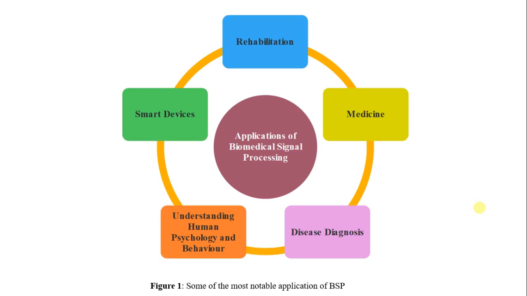If you want to control any assistive device, those classified signals will be used to control the devices. If you are going for disease diagnosis, then you again classify, and from the classification you tell that this is this disease, this is that disease. So the classification is nearly the same, only the application changes. This is the power of your signal processing technique, right?